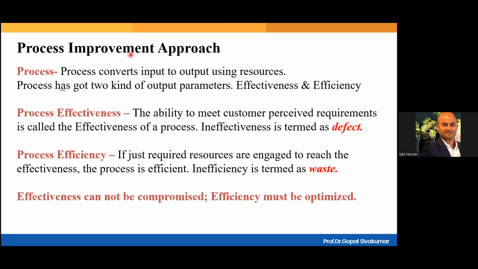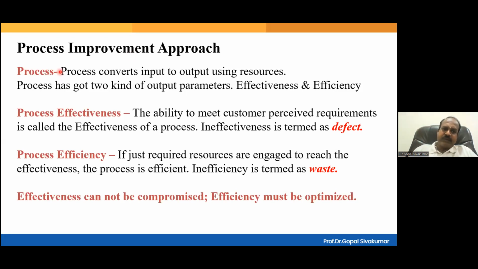When I say my process is effective, defects are impossible. So effectiveness can be measured in terms of percentage. I can be 100% effective, or 90% effective, or 80% effective. It can be measured in terms of sigma level, DPMO, or ppm. There are several measures. Ultimately, we want to understand the level of effectiveness.